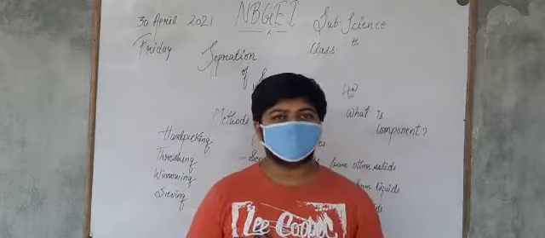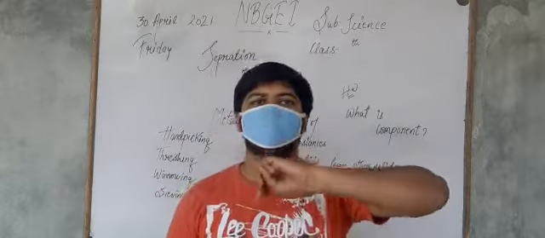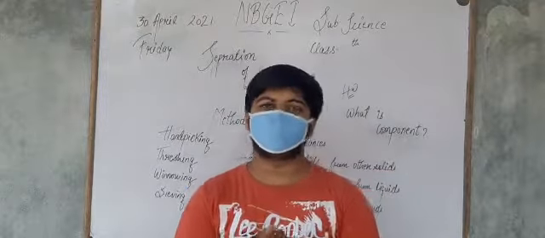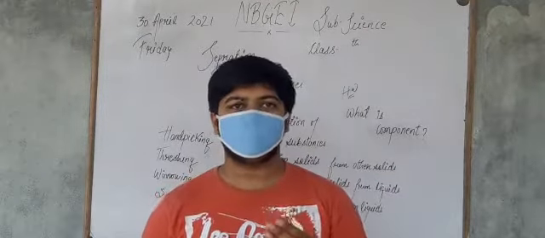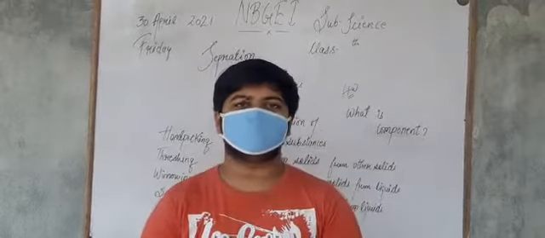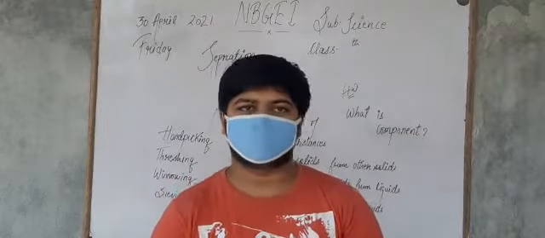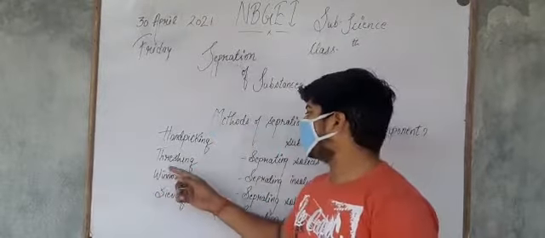Second, the undesirable components are present in small amounts. Third, the quantity of the mixture is small. Small stones and unwanted grains are separated from rice, dal, etc. using this method.